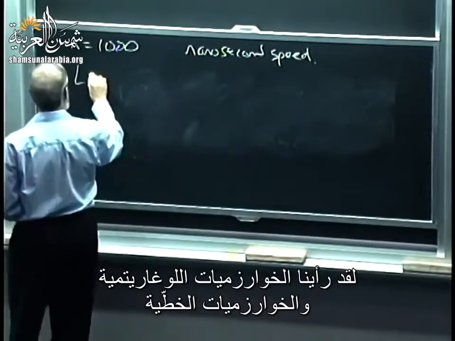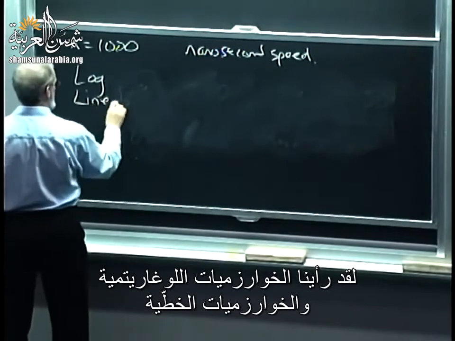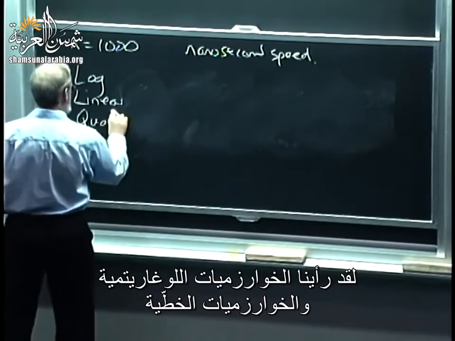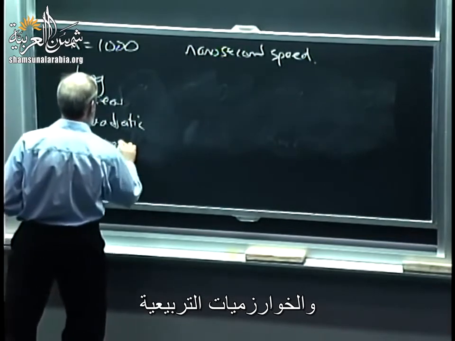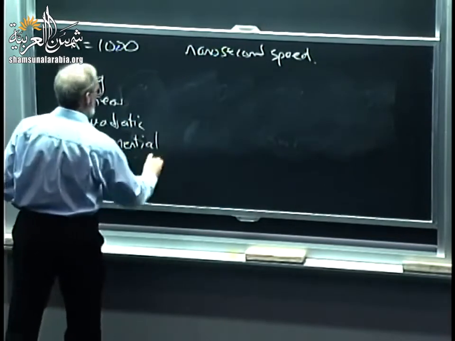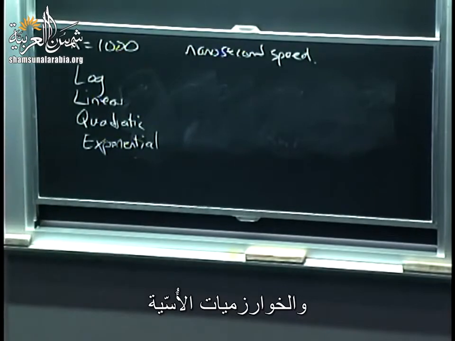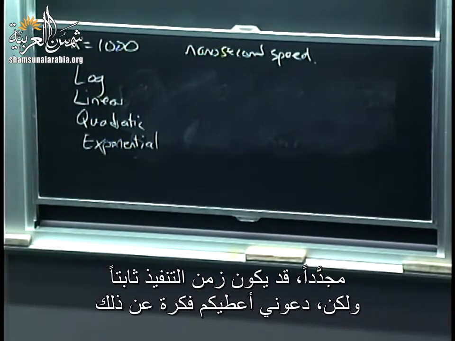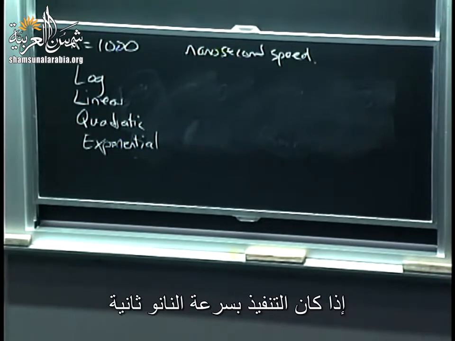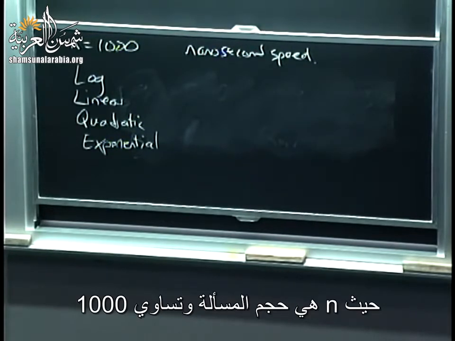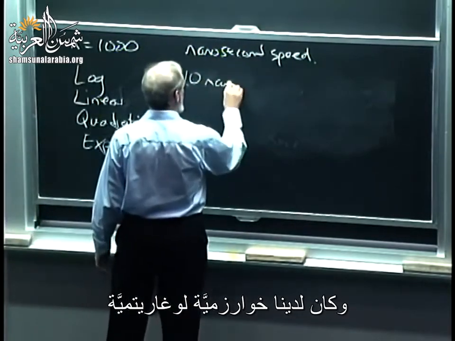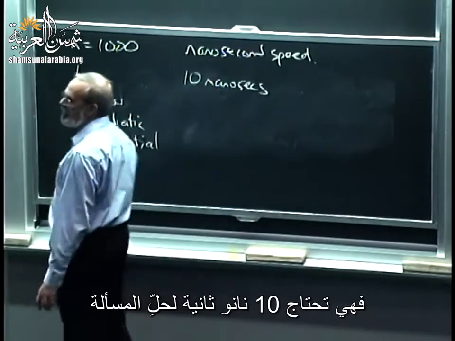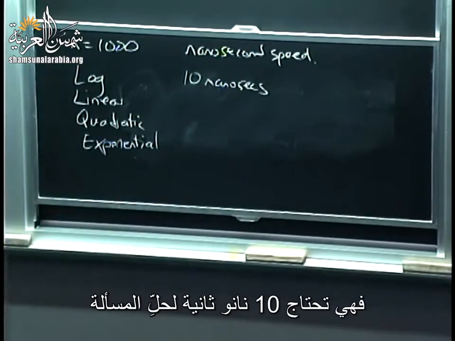We have seen log, linear, quadratic, and exponential. So, again, there could be constants in here, but just to give you a sense of this. If I'm running at nanosecond speed, and the size of the problem, whatever it is, is 1,000, and I've got a log algorithm, it takes 10 nanoseconds to complete.